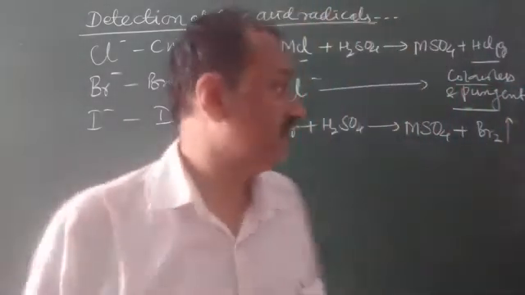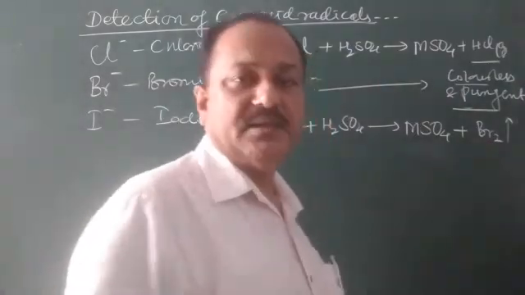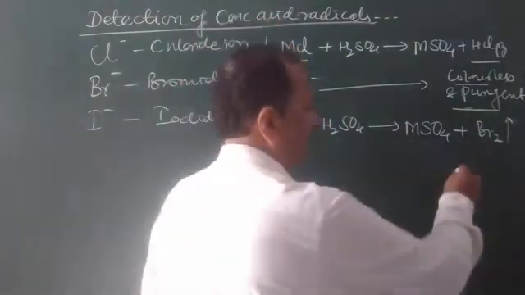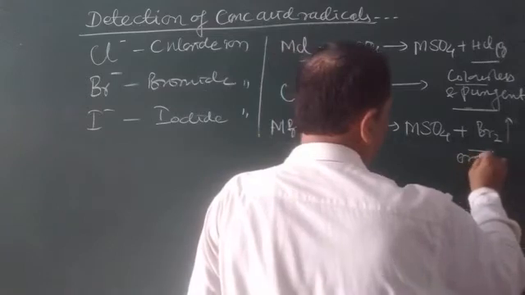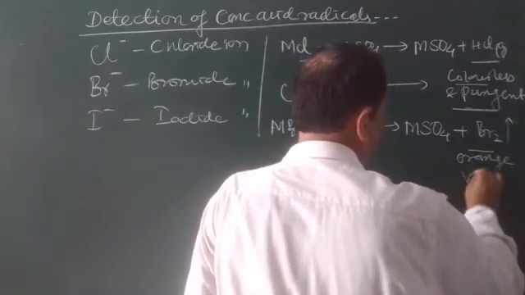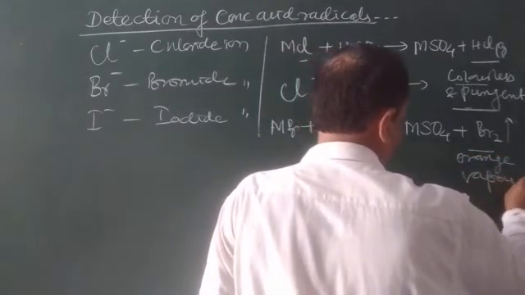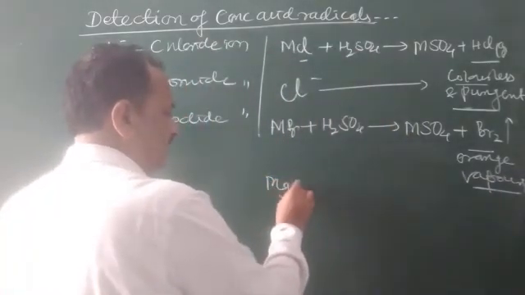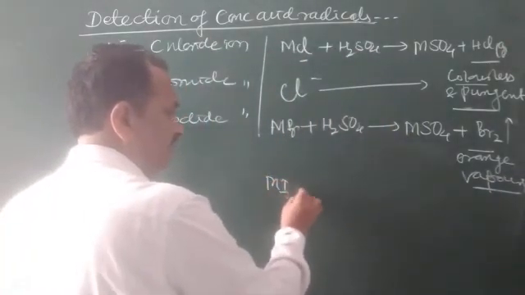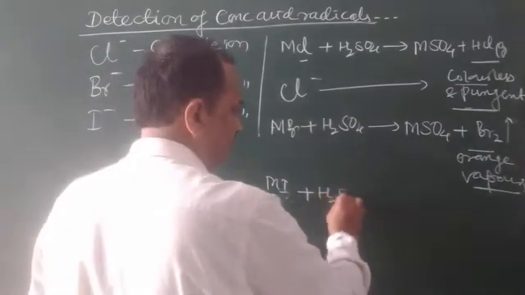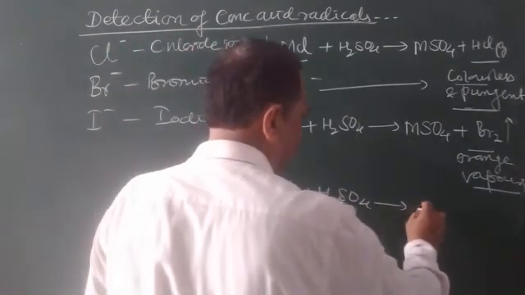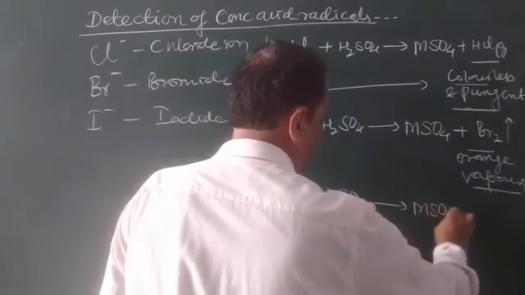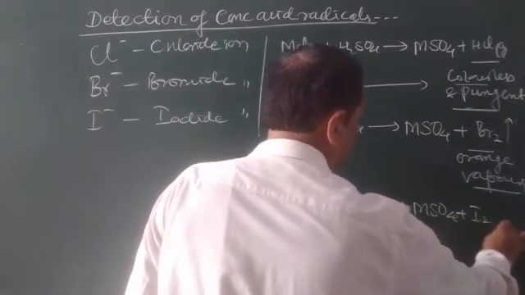Bromine gas is released, the vapors of bromine, and orange vapors are produced. Similarly, in case of metal iodide on reaction with sulfuric acid, there is formation of metal sulfate plus I2 vapors.